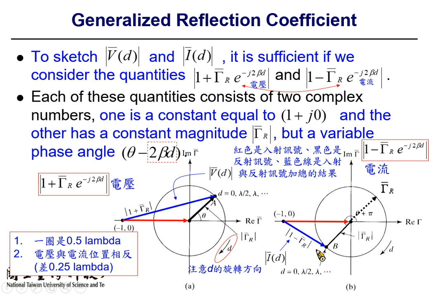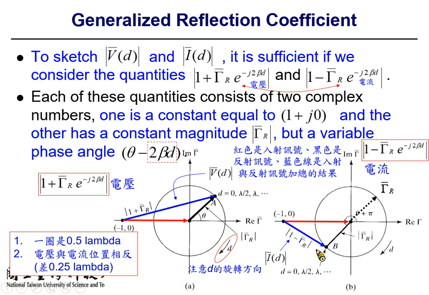So if the black arrow reaches this point, what is the angle for the total voltage? 0 degree. And if the black arrow, the reflected voltage reaches this point, the reflected current, which is also labeled with this black arrow, will reach this point. Then the total current will have zero phase.